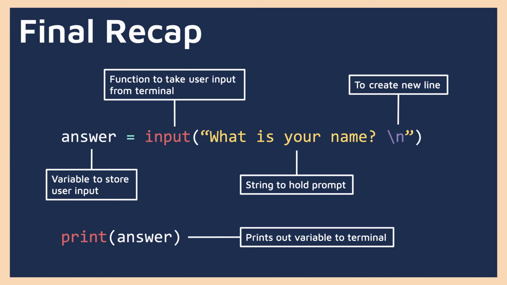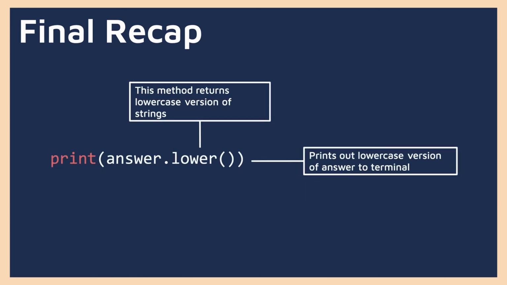Another thing that we learned was the backslash n, which moves the cursor one line down, which is very useful. And of course the dot lower method, which in reality can convert any string to all lowercase, but in our case we store the input as a string and we convert that with dot lower to meet our conditionals.